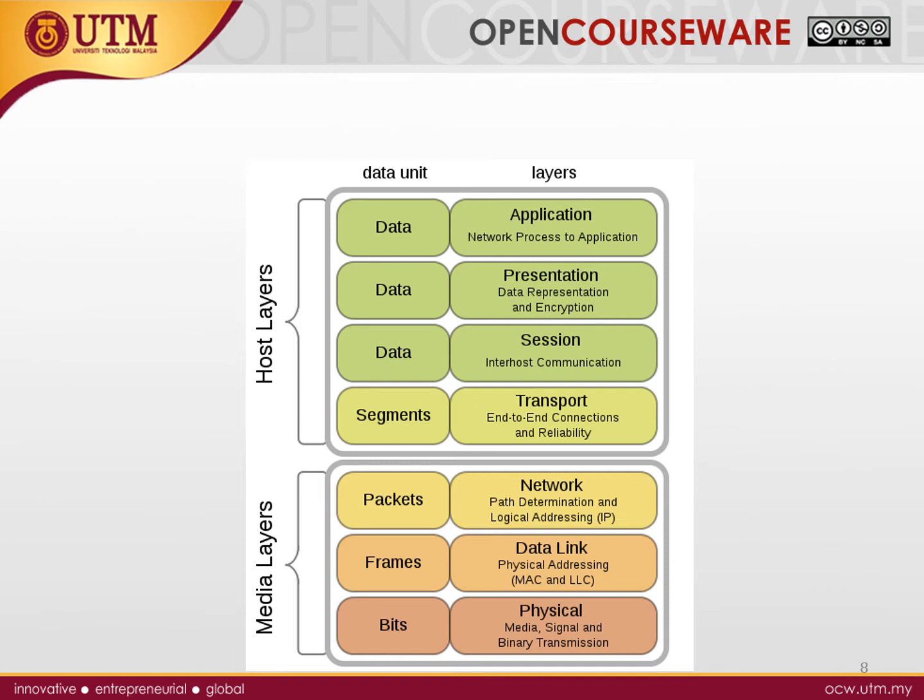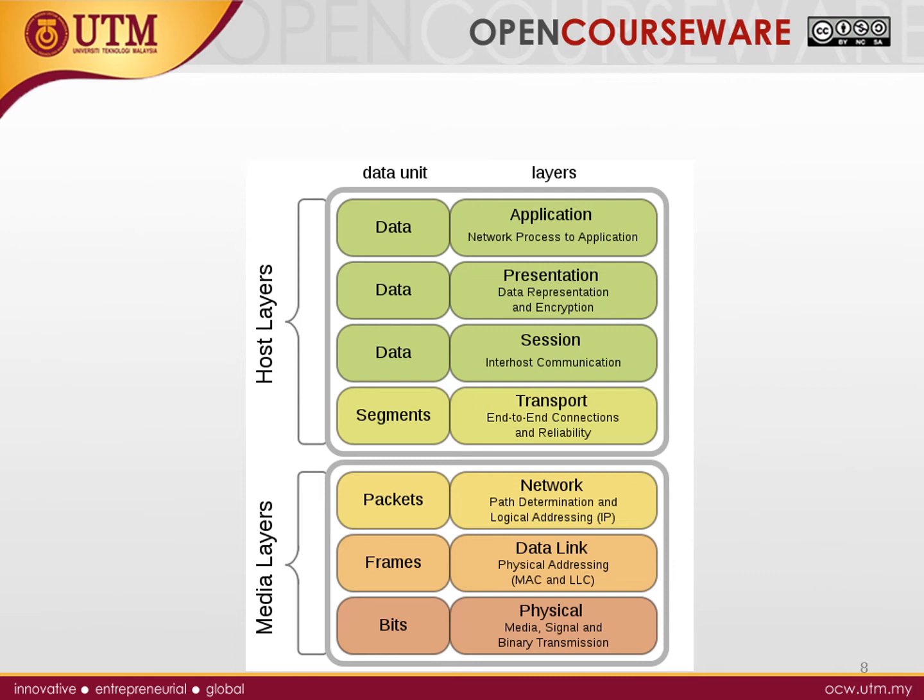And for the fourth layer, which is transport, the transport layer adds transport protocols such as TCP and UDP. TCP, for example, is used for error handling and sequencing to ensure data is not lost. This layer also adds the source and destination port numbers.